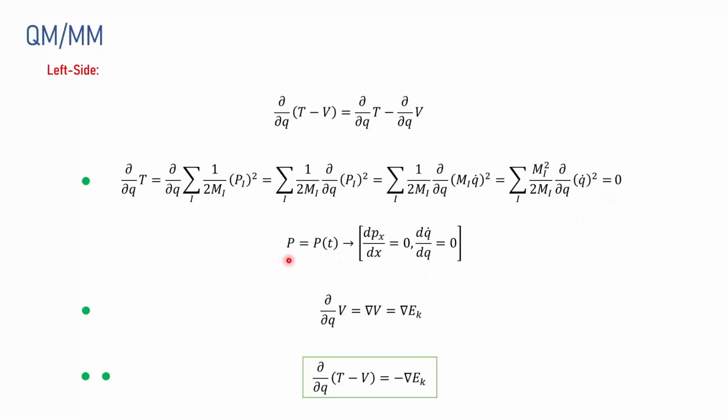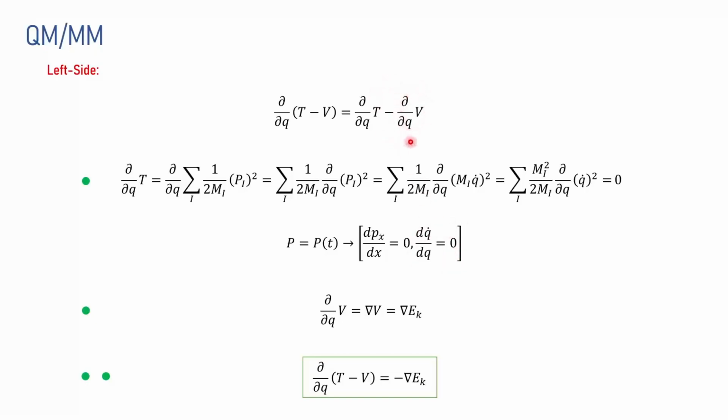Why do we say that? Because the momentum depends only on time. It's like if I take the momentum on the x coordinate and I just want to take the derivative over x, which is equal to 0, because the velocity on the x-axis with respect to the coordinate is always 0. So we can say that dq dot over dq is equal to 0.